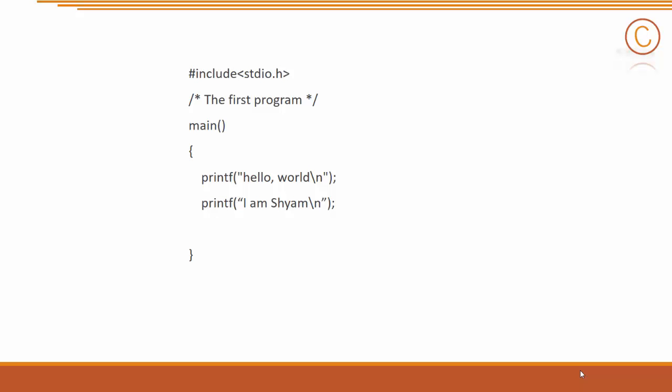Most of the input-output functions like the printf function, which is used to display output on the screen, and the scanf function, which is used to accept input from the keyboard, etc., are defined in this header file. So if this file is not included, the compiler will not be able to execute these input-output functions.